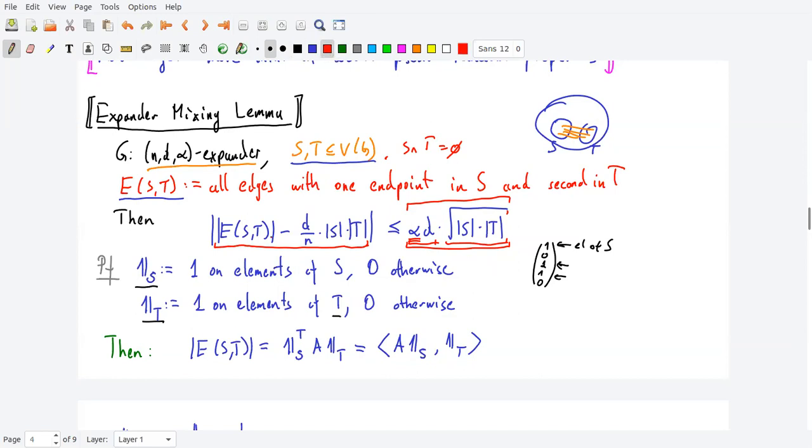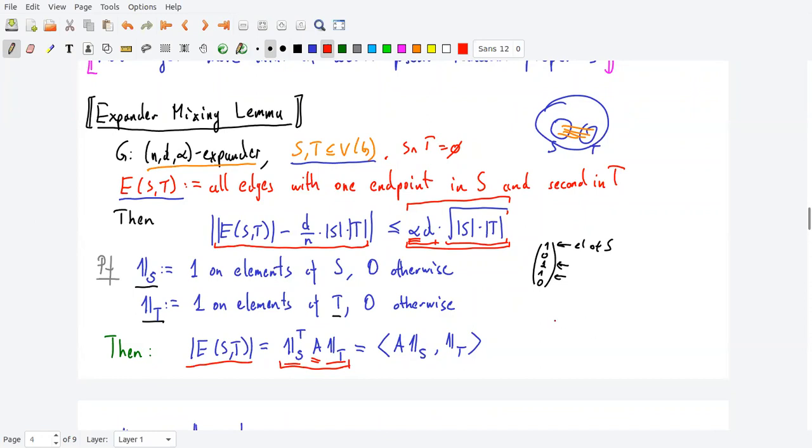So then, how can I phrase the number of edges between S and T, with one endpoint in S and the second in T? I can phrase it like this. I put A in front, and on the right-hand side, I multiply by the all-ones on T vector, and on the other hand, the ones on S transposed. Why so?